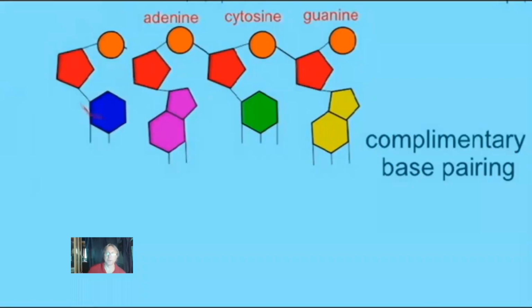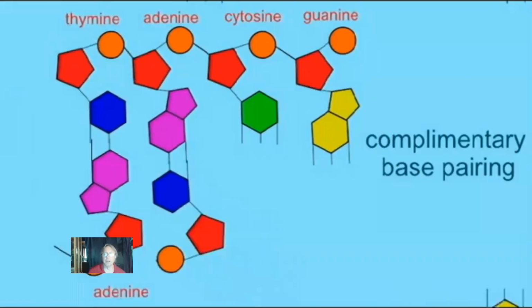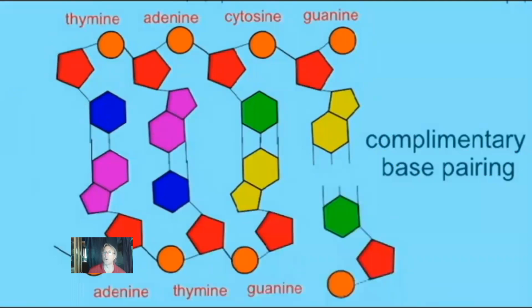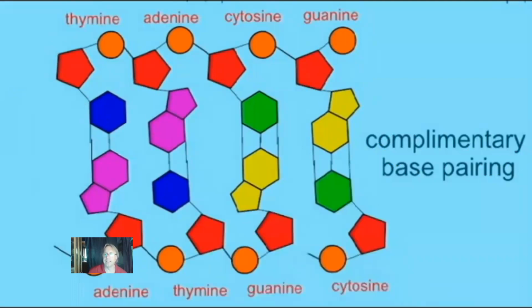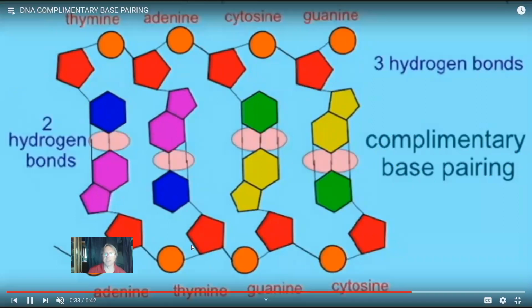Another thing, we don't have to go into it in enormous detail here, but one of the ways that this is regulated is that there are 4 of these nucleotides, and they attach to each other across the double helix in a specific way, so that the adenine only binds to thymine, the thymine only binds to adenine, the guanine only binds to cytosine, and the cytosine only binds to guanine.